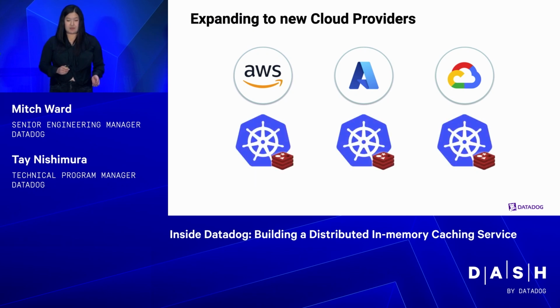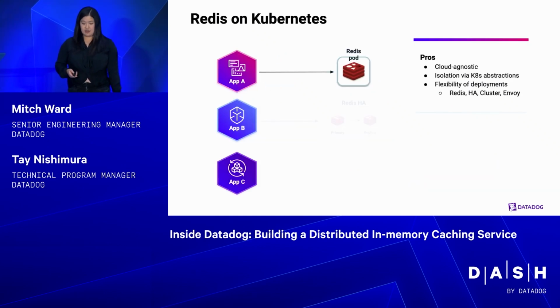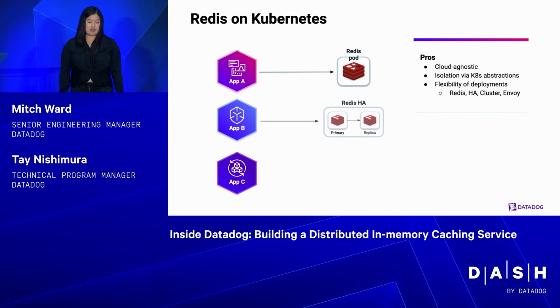And so around that same time, we started adopting Kubernetes and scaling really fast. And so we thought, OK, why not make it so every team can use Helm charts and just deploy Redis the same way in every cloud provider, not using the cloud managed services. And we liked this.